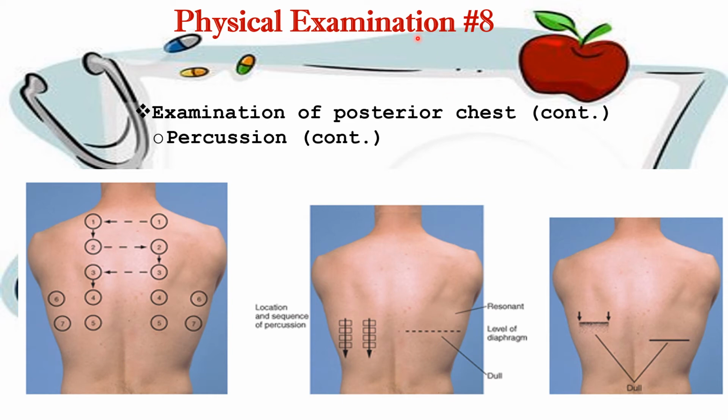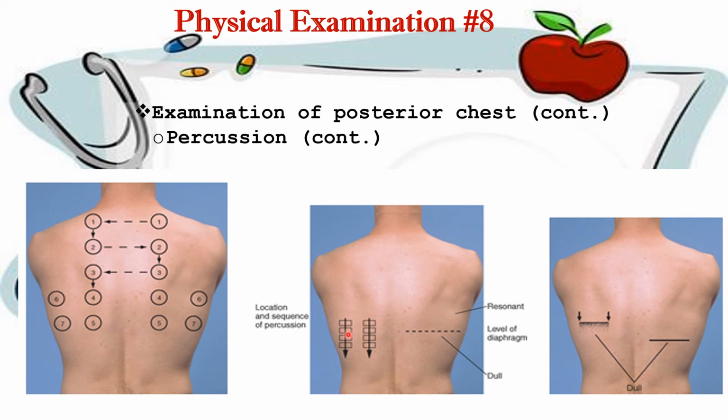Okay, so note that with this technique, you are identifying the boundary between the resonant lung tissue and the duller structures below the diaphragm. So you are not percussing the diaphragm itself. So you can infer the probable location of the diaphragm from the level of dullness.